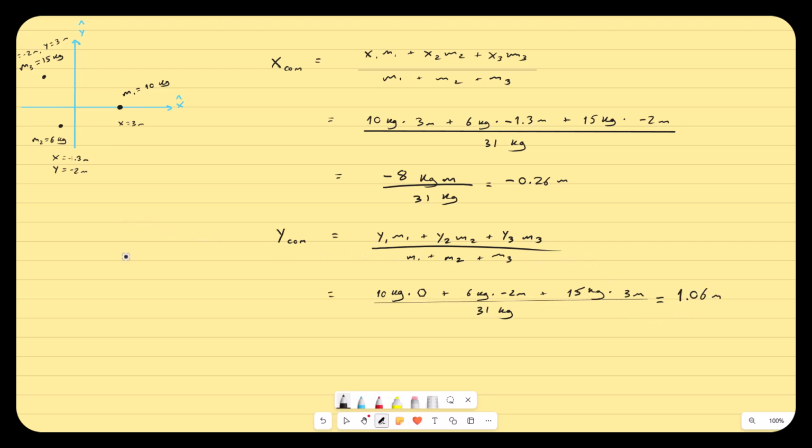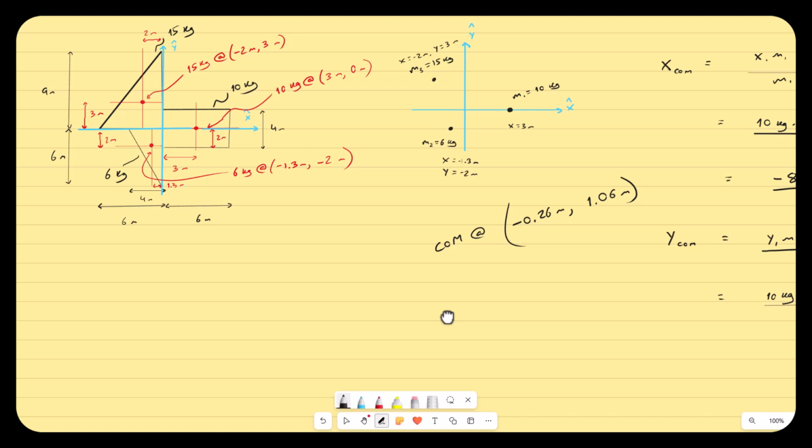This tells me the center of mass of my whole big object is at negative 0.26 meters for the x-coordinate, positive 1.06 meters for the y-coordinate. Now I made this coordinate axis, so I really need to go back to my original shape.